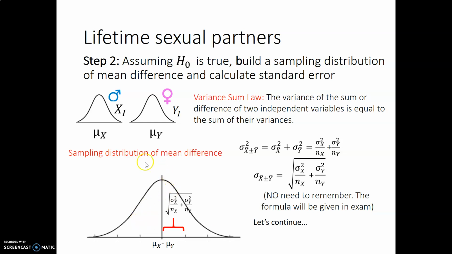But if our observed mean difference falls somewhere here in the center of this distribution, within this range, we're gonna retain the null hypothesis because the probability of getting such a score is pretty high. There is no problem with the null hypothesis.